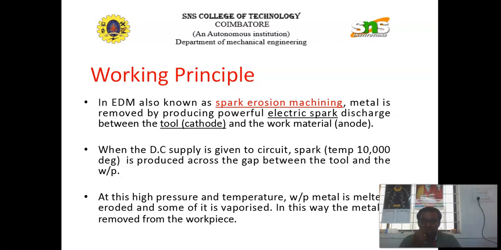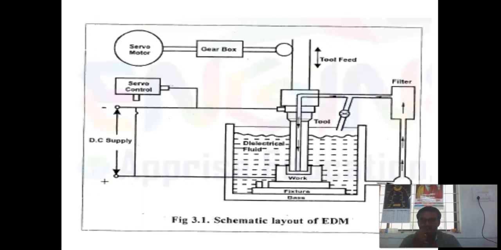When the DC supply is given to the circuit, a spark with a temperature of about 10,000 degrees Celsius is produced across the gap between the tool and the workpiece. At this high pressure and temperature, the workpiece metal is melted or eroded and some of it is vaporized. In this way, the metal is removed from the workpiece.